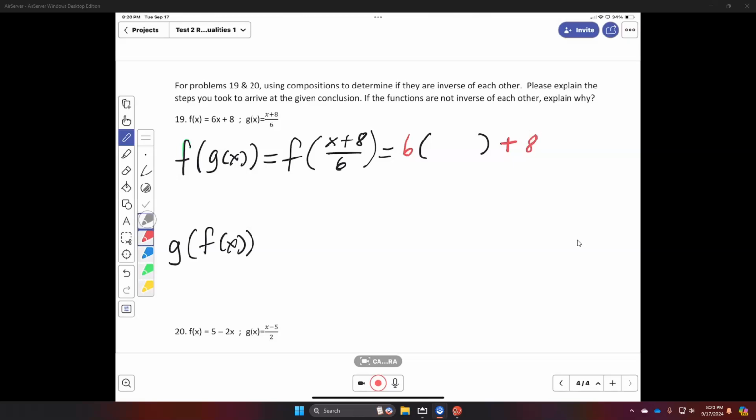So the input is x plus 8, correct, divided by 6. So 6 divided by 6 is 1. So you're left with x plus 16. So it didn't come out to x. So what you would write is that these two will not be inverse of each other because it did not come out to be x. So you don't have to do this second one.